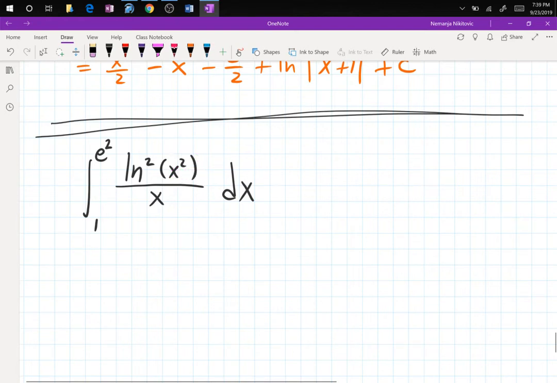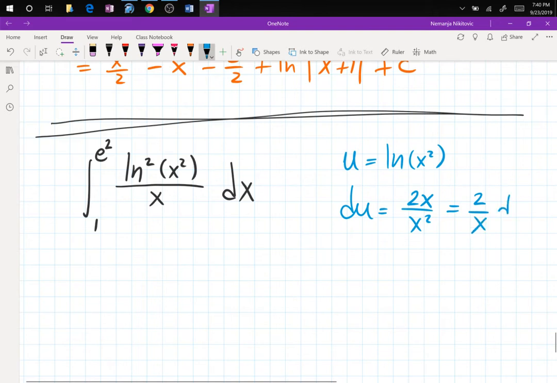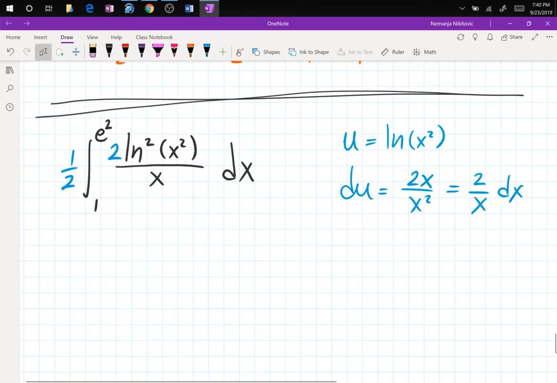Now if you say u equals ln of x squared, then your du is, well, you put the x squared and then you put this one on top, and when you simplify it, you get 2 over x dx. You have x dx, you need a 2 and a 1/2 in front. And we have all of the ingredients for this to collapse into 1/2 integral of u squared du.